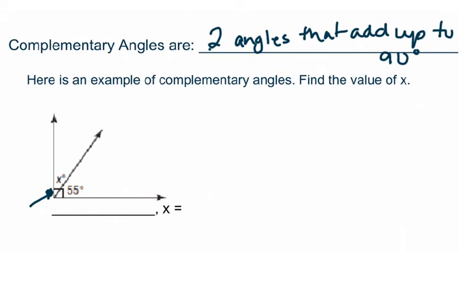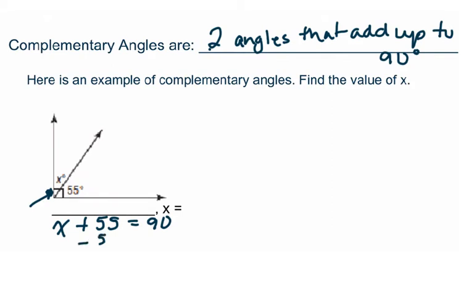So I can simply write this equation. I can say x, because I have an x, plus 55 equals, and it's a complementary angle, 90 degrees. So here I have my equation. This is x plus 55, so I'm going to do the opposite to move it.